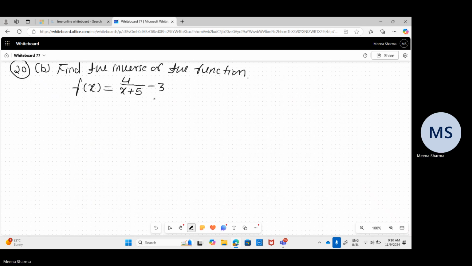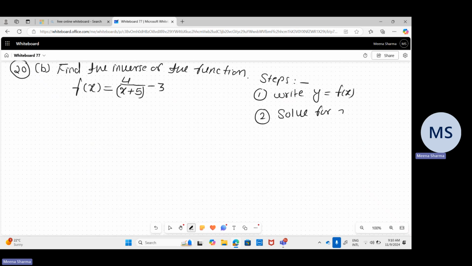This is given there. So to find the inverse of the function, we have steps. We follow these steps. In the first step, we will write y equal to f(x). And in the second step, we will solve for x.